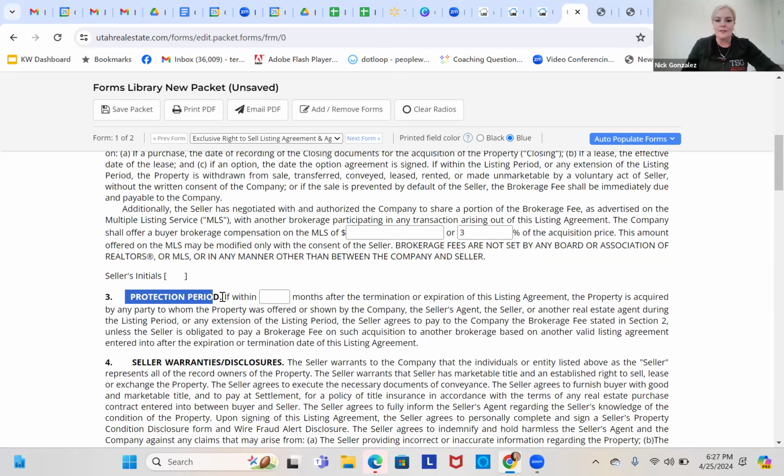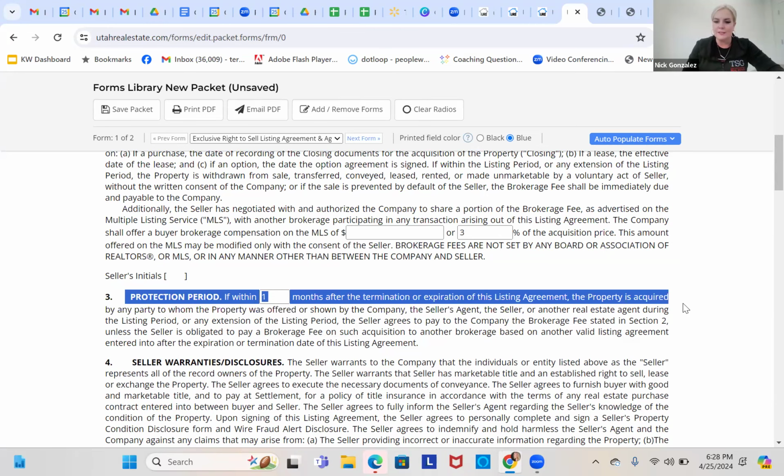The next step is the protection period. I put 1 month. I've seen this longer. If you want, you can do 6 months, 3 months, whatever you want to put on there. Basically the protection period says that if we terminate or this listing expires and a deal is done shortly after the termination of this listing agreement, we may be entitled to receiving a commission if they hire another real estate agent.